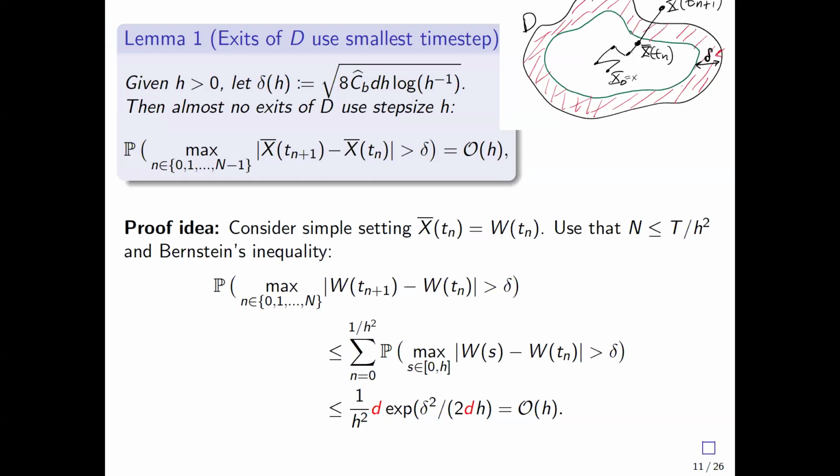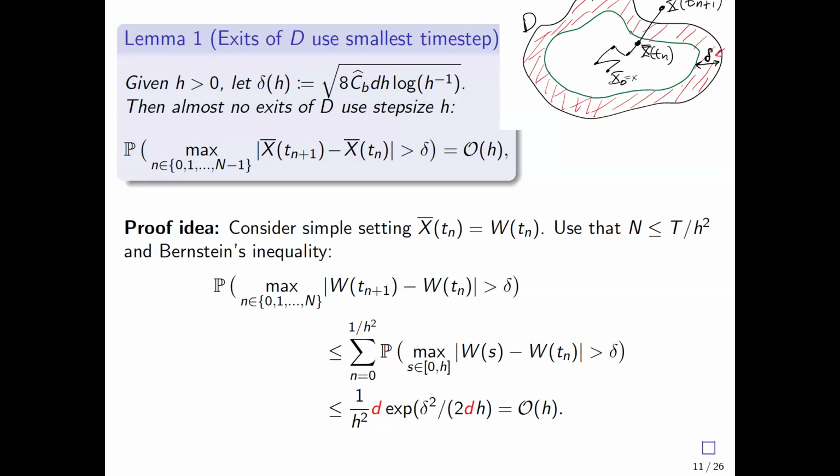So it shouldn't be able to exit from inside the uncritical region and directly the next time step jump outside of the domain. Because if any exit, or most exits, go through the critical region, then you will use a small time step when you exit. And that means that, well, the error can be controlled more easily. That is what it essentially means.